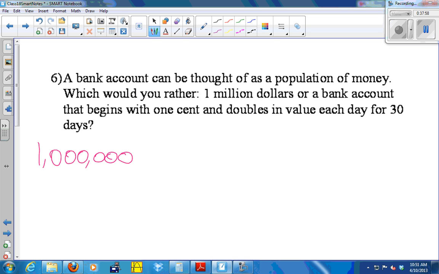Just 1 month, I get this doubling deal. So I'm starting with 1 penny, 0.01, and I'm going to double it, which means times 2. How many times do I double it? 30 times. So I raise to the 30th, because multiplying by 2 30 times we write as 2 to the 30th.